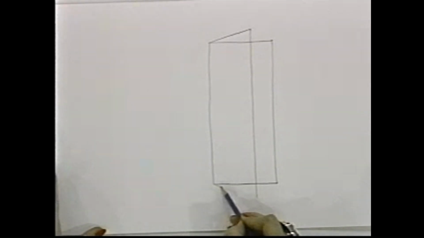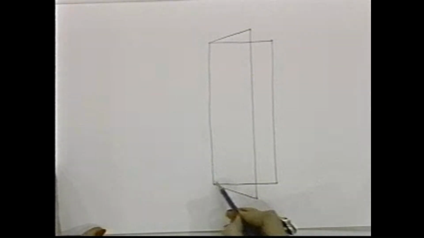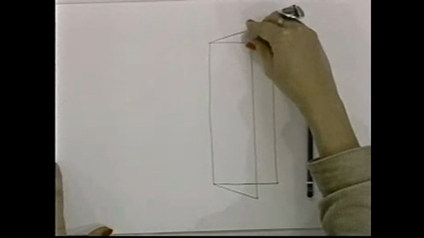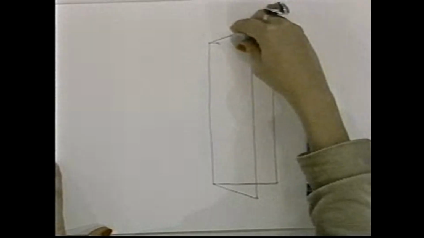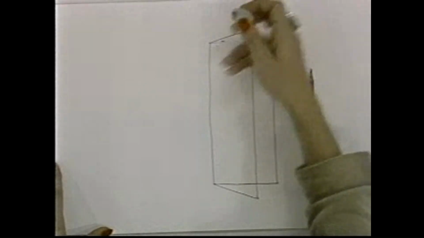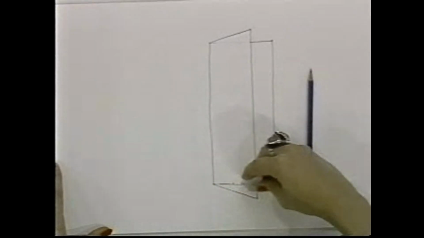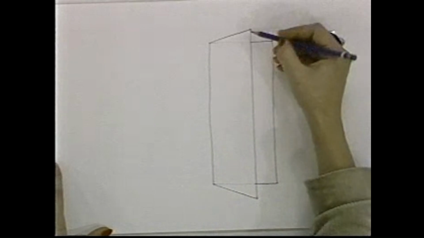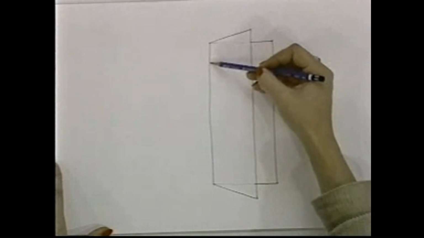And then down here we can also see it's converging into the door frame. Then we have to erase a little bit of the rectangle so we can really see this door in perspective. We can see that the distance of the door on this side is longer than the distance of the door on this side.